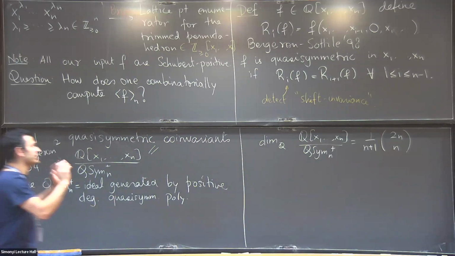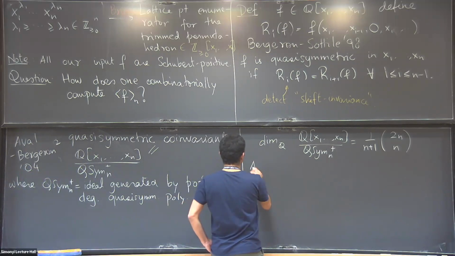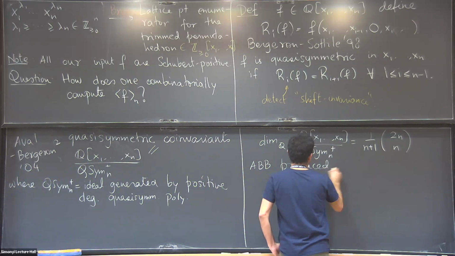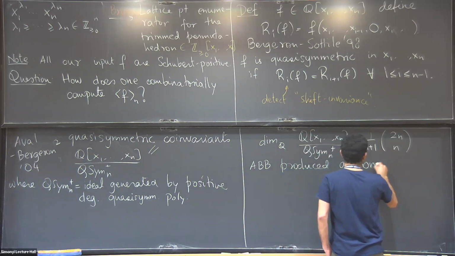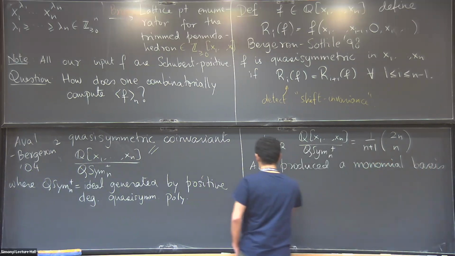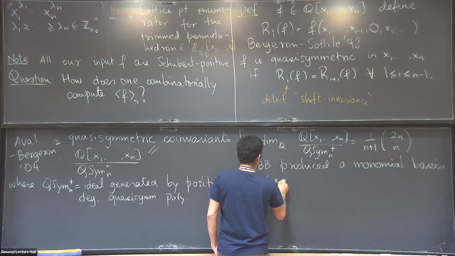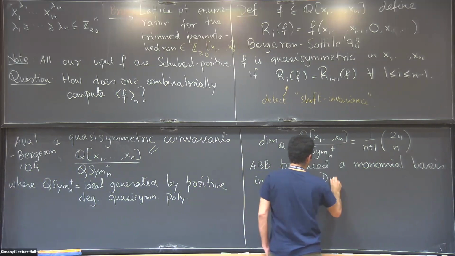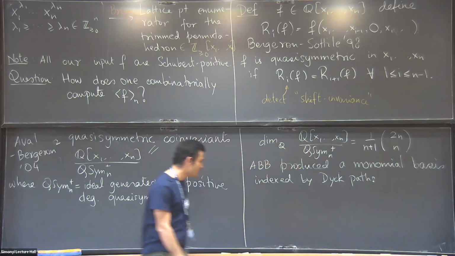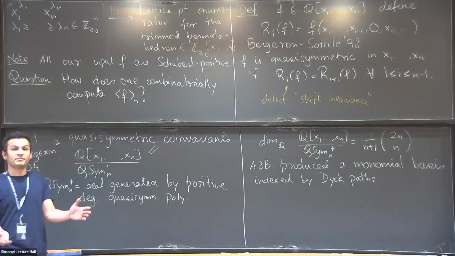Okay, so ABB produced a monomial basis for this quotient indexed by Dyck paths. And I'm just going to call it the ABB basis.